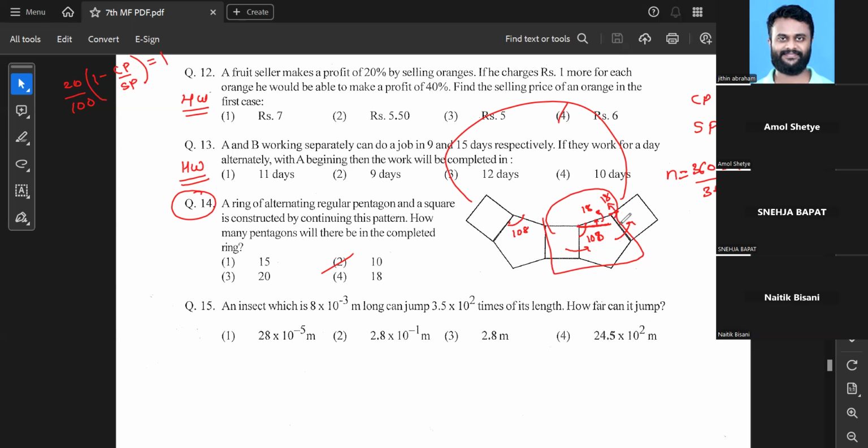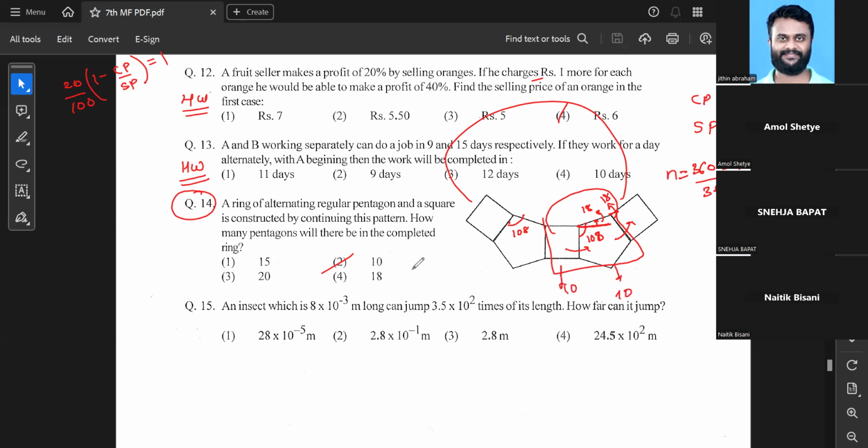So as many pairs as we add, the shift will keep happening. In order to complete one circle, let me say I am going to have n number of pairs. In one circle, the total shift required is 360, and each pair is going to give me 36. When I divide them, I get 10. So 10 pairs of square and pentagon I'm going to have. So 10 squares I'll be having, 10 pentagons I'll be having.